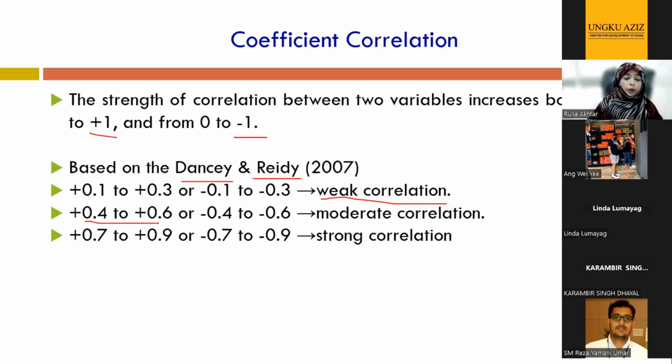Here 0.4 to 0.6 is a moderate correlation, and 0.7 to 0.9 is a strong correlation. So we can mention that this is a strong correlation.